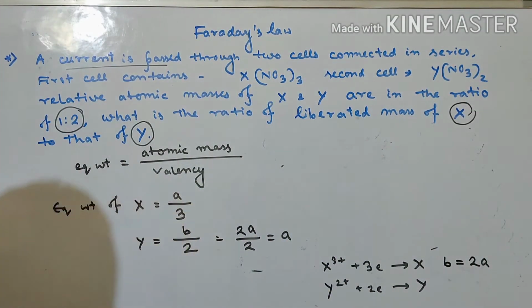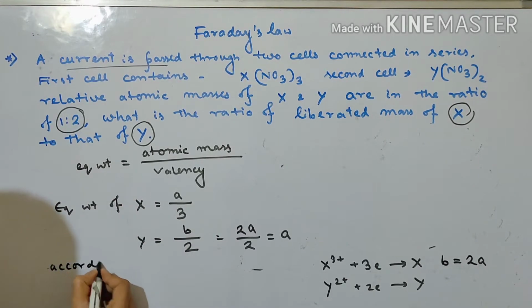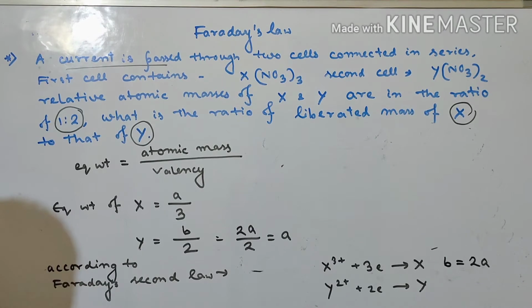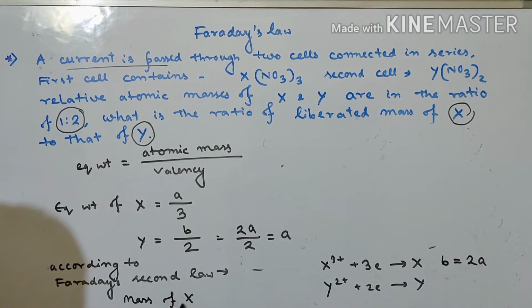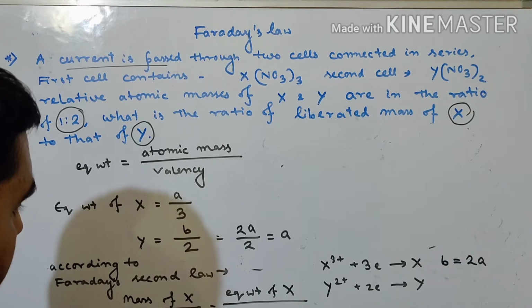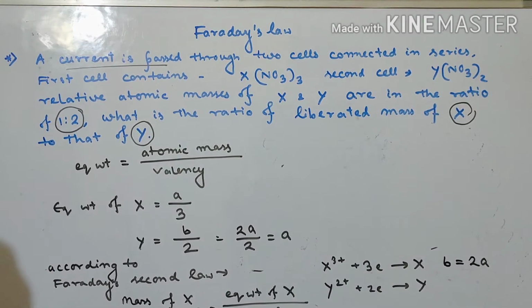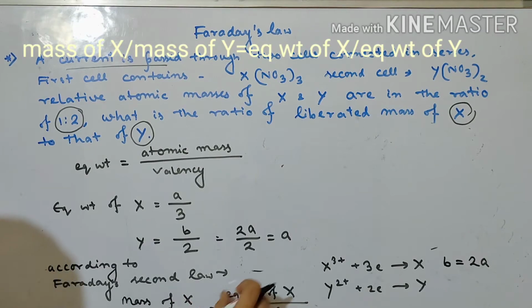After getting all this, according to Faraday's second law, we can simply write mass of X divided by mass of Y is equal to equivalent weight of X divided by equivalent weight of Y. It can also be written as mass of X divided by equivalent weight of X is equal to mass of Y divided by equivalent weight of Y. Both are correct, but we are choosing this one.